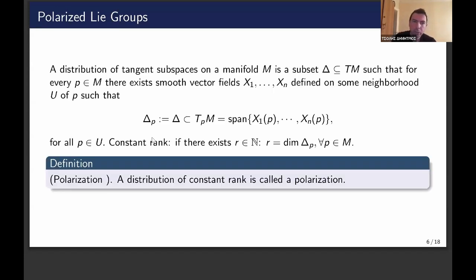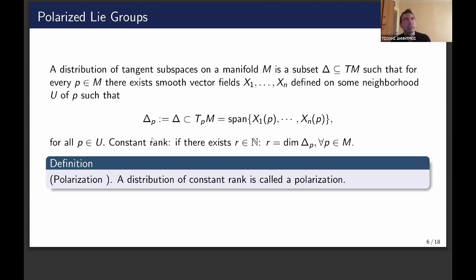And now we define what we call polarized Lie groups. First, we need to see what a polarization is. We take a distribution. What is a distribution? It's a subset of the tangent bundle of a manifold. Here we have a Lie group, so at each point we have a subspace of the tangent space, which is part of this bundle, this distribution.